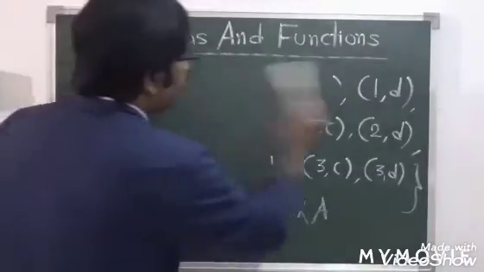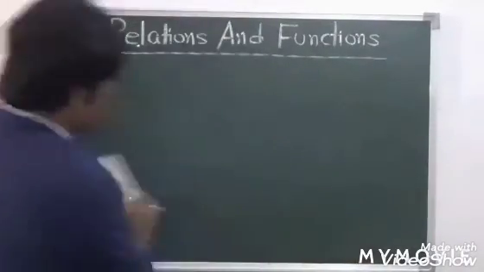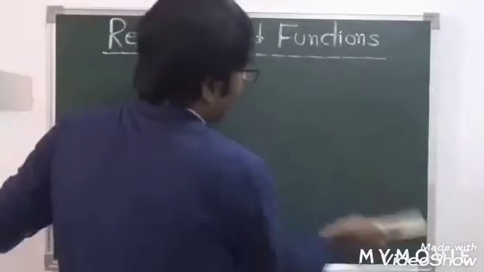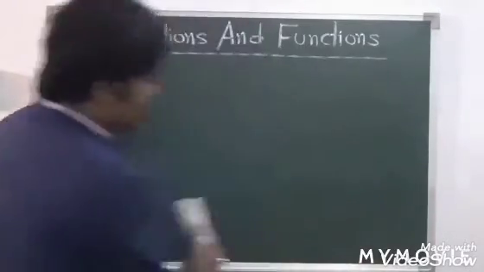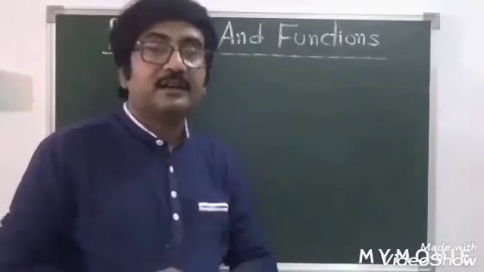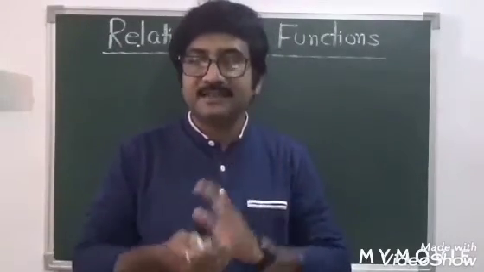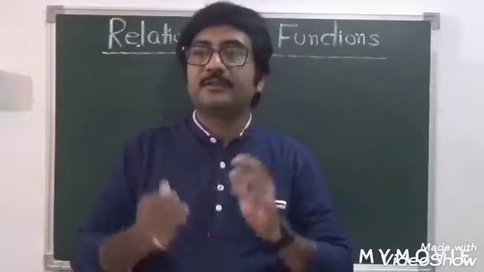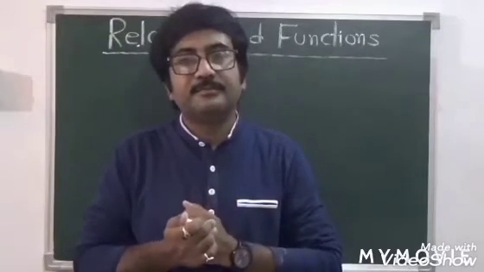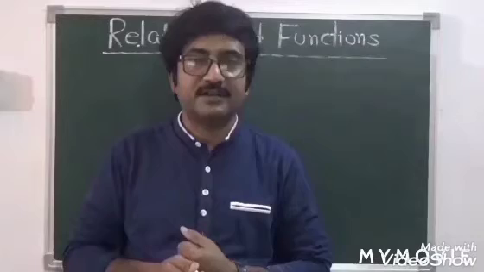So in the Cartesian product you need to take all the possible ordered pairs, but in the case of a relation, as I am telling you, a relation is again a connection between the two sets A and B, but here we have to be a little selective in the sense that we cannot take all the ordered pairs that exist in the Cartesian product.